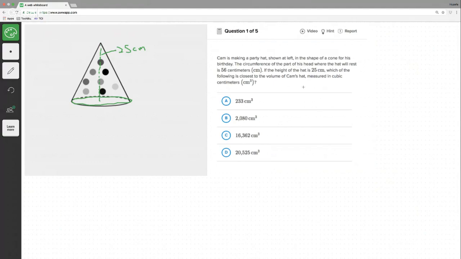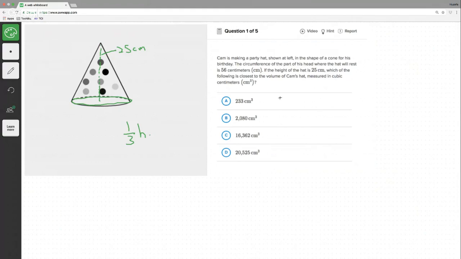All right. So you just got to know the formula for volume of a cone. I'm going off memory, but I believe it's 1/3 height times area.